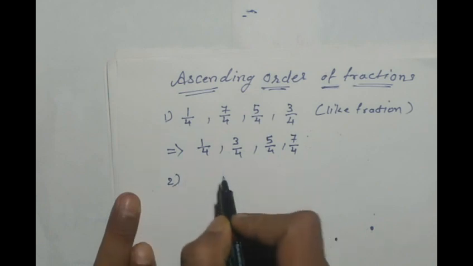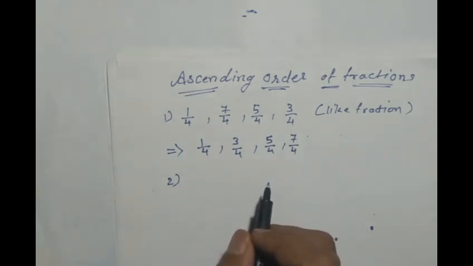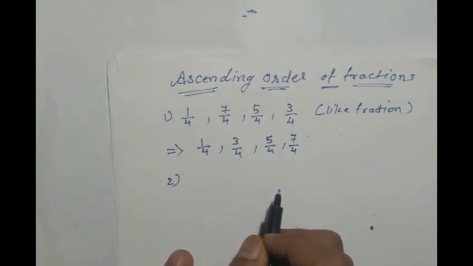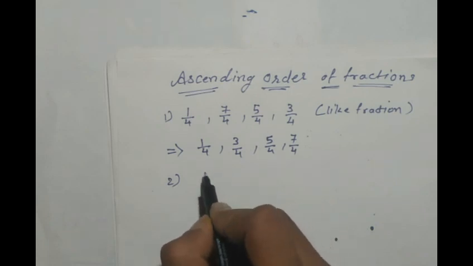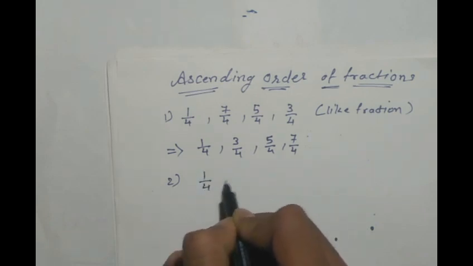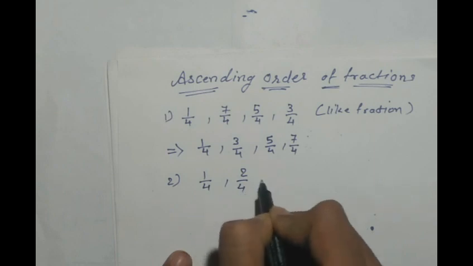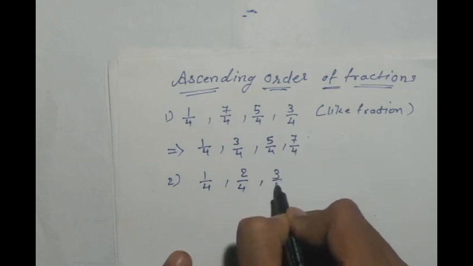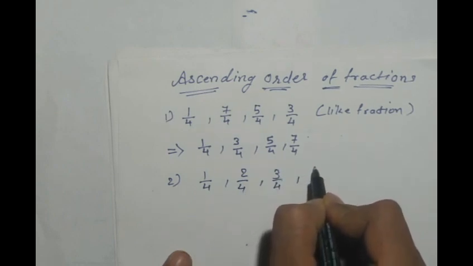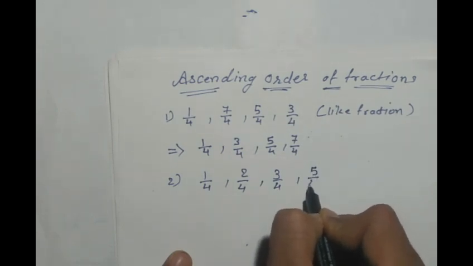Second number, now we will solve another sum. Suppose I take an example 1 upon 4, 2 upon 4, 3 upon 4 and 5 upon 4.